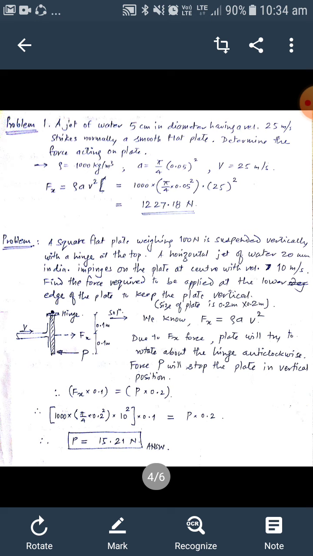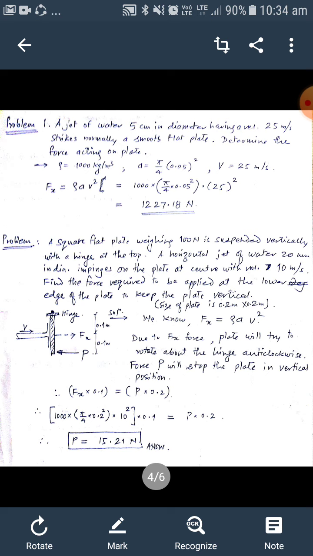Now here, if you see the plate, how many forces are acting on the plate? Force number 1, that is due to the impact of jet in x direction, that is Fx, and the second force is the force which opposes the motion or rotation, which is in the negative x direction. So both forces are in x direction only.